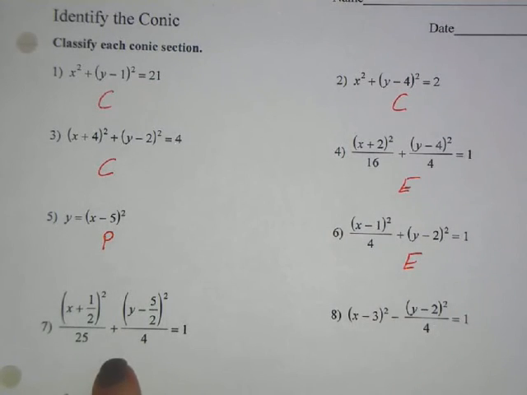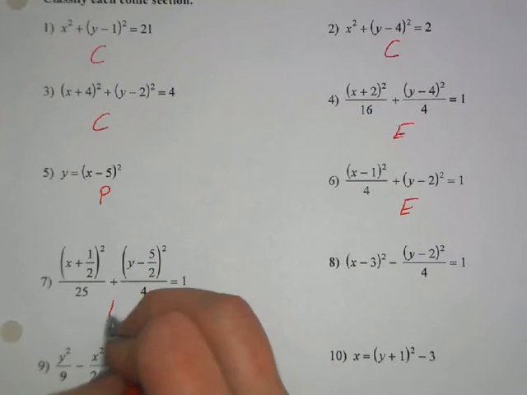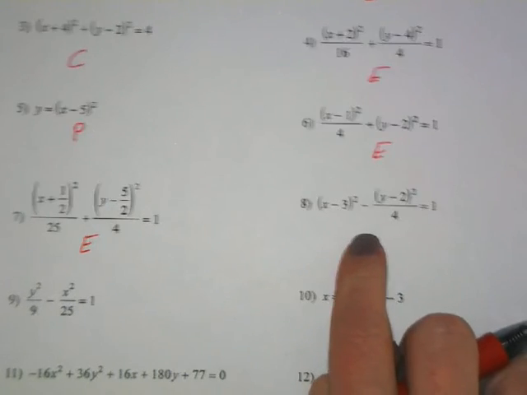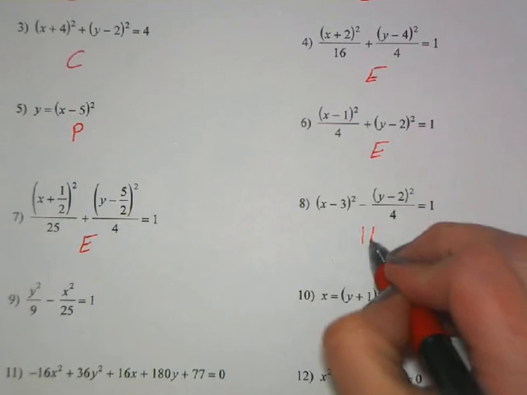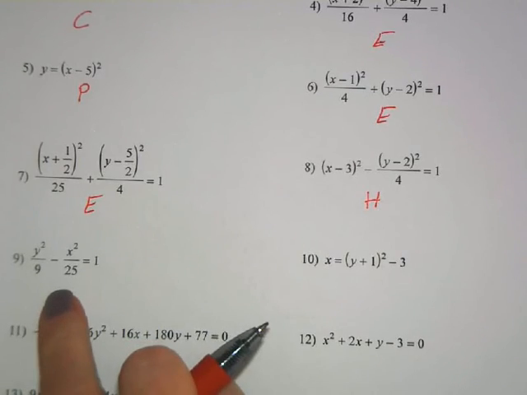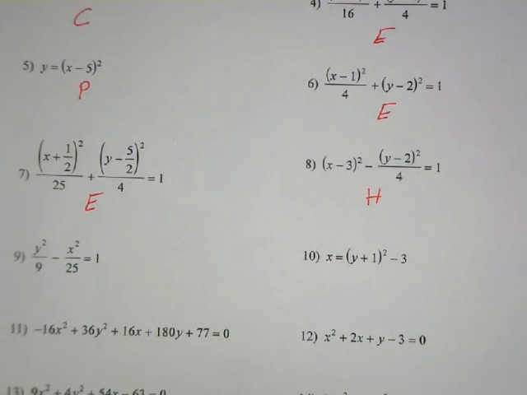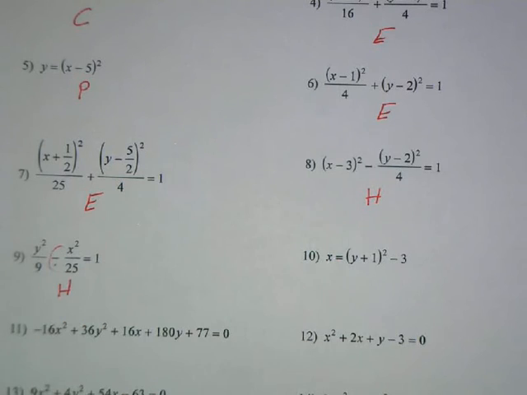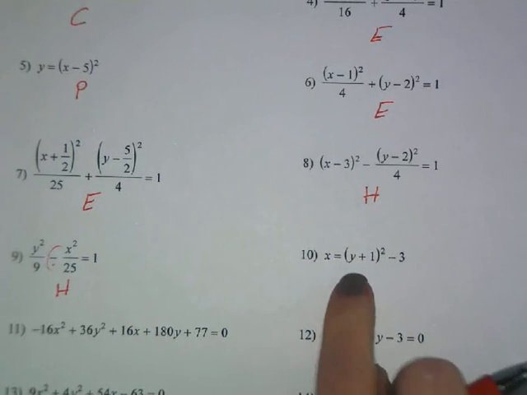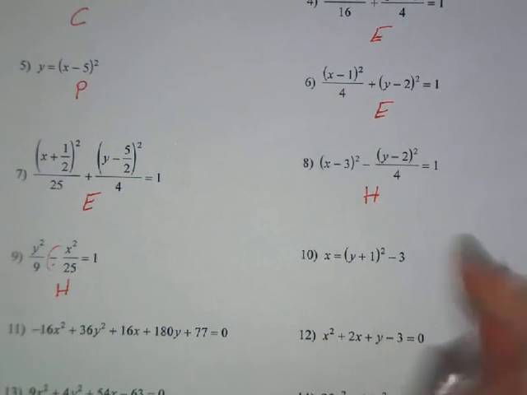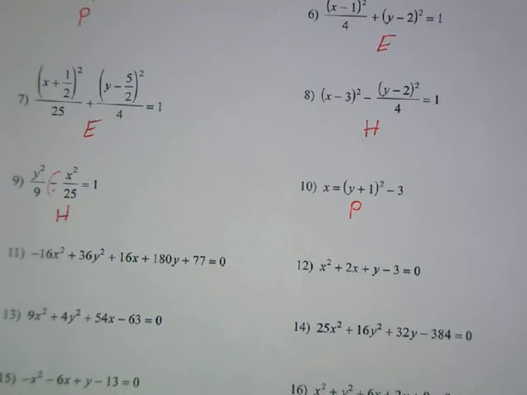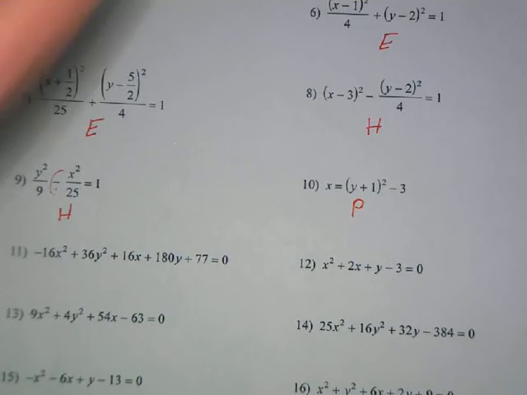Number 7. Ellipse. Did I tell you this was easy once you get the hang of it? Number 8. There you go, the H. Number 9. That's a hyperbola again. Yep, that minus there. And number 10 would be a parabola. Okay? Are they all that easy? Yeah, I think they get even easier.